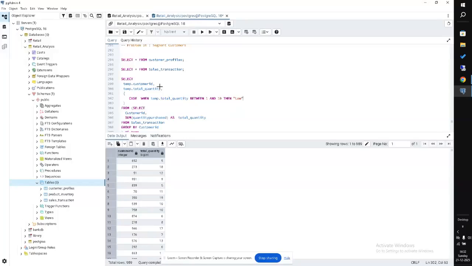Okay, low. When temp.total quantity between 11 and 13, then medium.